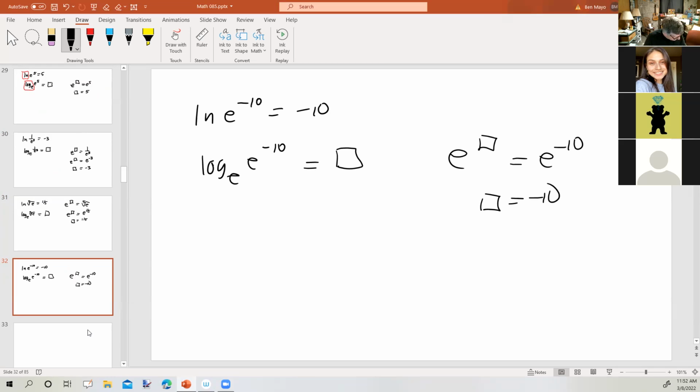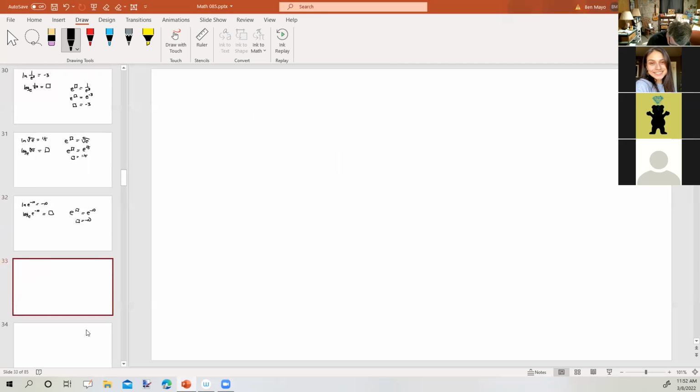Right now it says use a calculator to evaluate each expression if possible. Express all answers to 4 decimal places. All right. So we've got the natural log of 35.15. On my calculator, I'm not doing the second function key. I'm pushing the LN button.